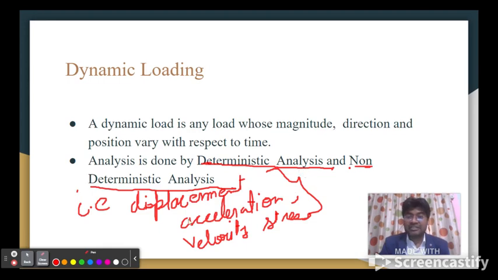See, in deterministic analysis, all these elements are completely known as a function of time. It is known as a deterministic analysis.